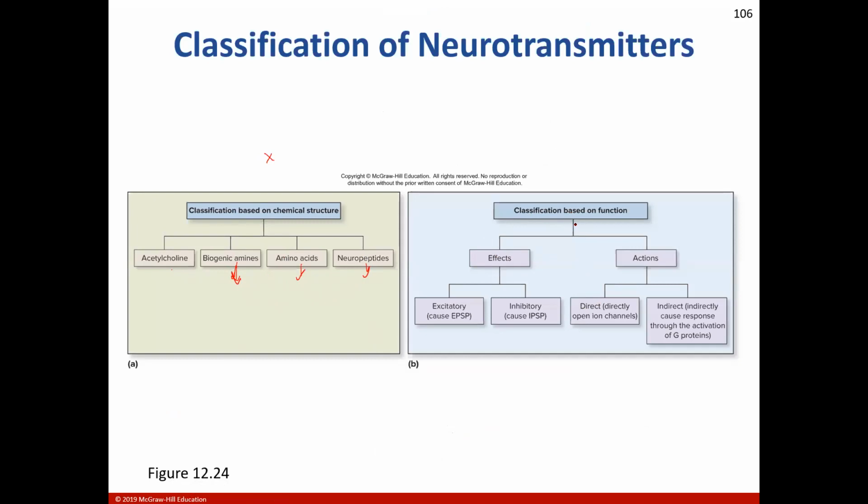Then you have the effects of the neurotransmitters on the postsynaptic membrane, whether it's excitatory, EPSP, or inhibitory. Direct or indirect, this is the hard part. For now, just remember the indirect need G proteins to activate a second messenger, which most of the time is cyclic AMP, cyclic adenosine monophosphate.